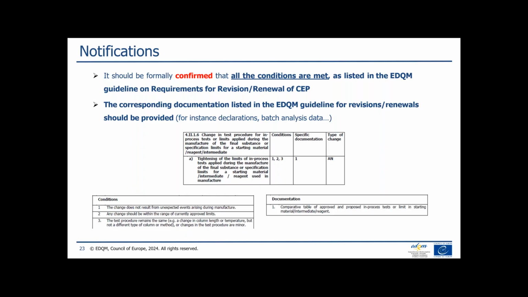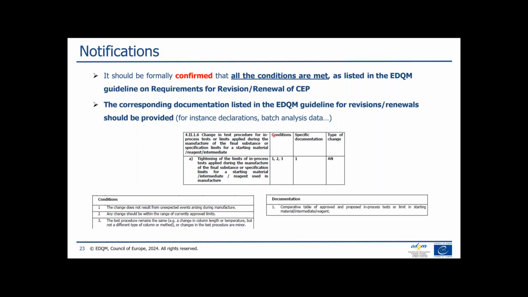So another type of revision is notifications, where normally only confirmation that all the conditions listed in our guideline are met is enough. So again, this is just a reminder of how an application for notification is prepared and organized.